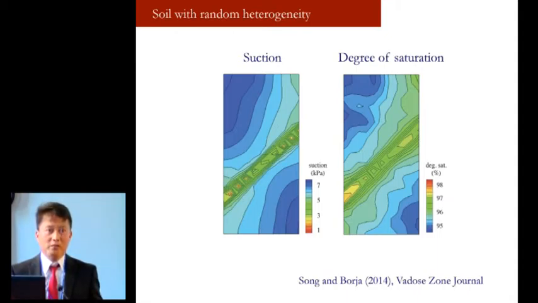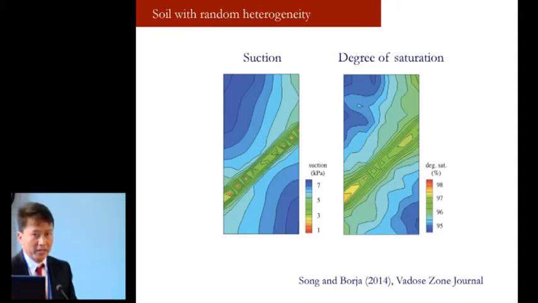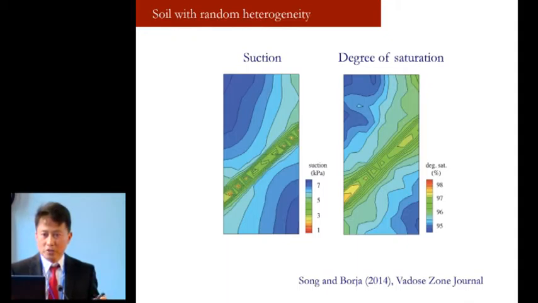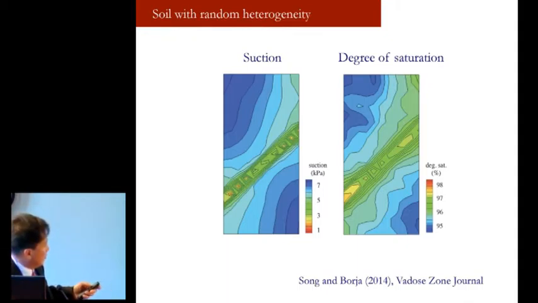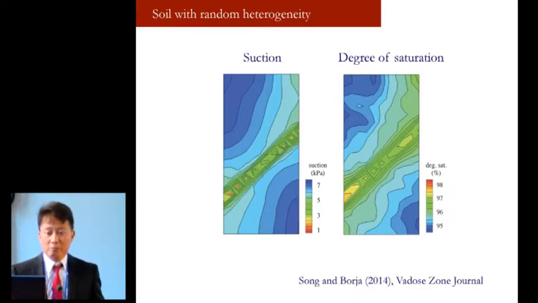It was determined from the fact that we have a relationship among degree of saturation, specific volume, and suction stress. So we need to specify two, and then we can determine the third. And then all we did here was to consider a plane strain compression. The out of plane is the direction where there is no deformation. So we specify pressure on the two vertical faces and then apply a vertical compression.